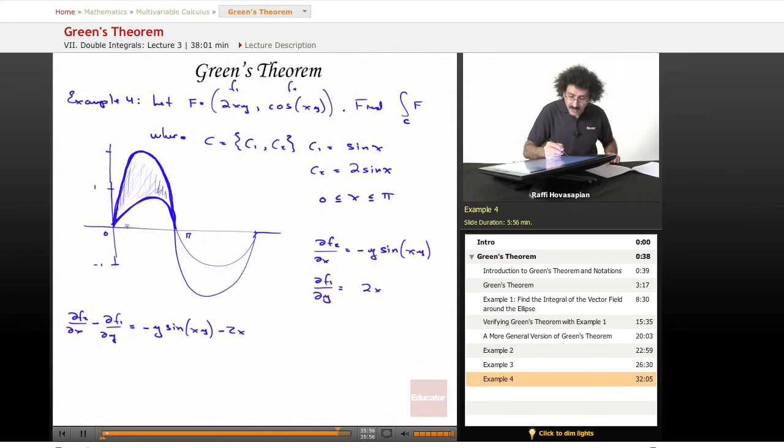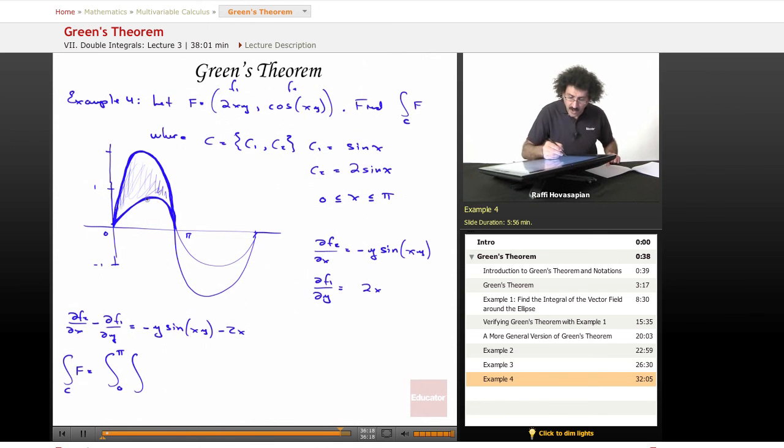Okay, so now we're integrating. So our line integral of f over c is equal to, well, as far as x is concerned, it's going to be 0 to pi.